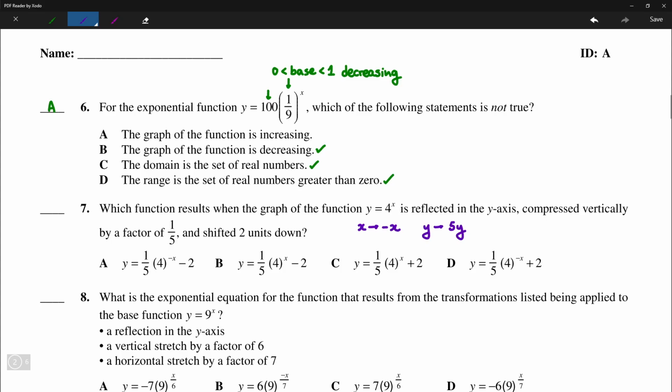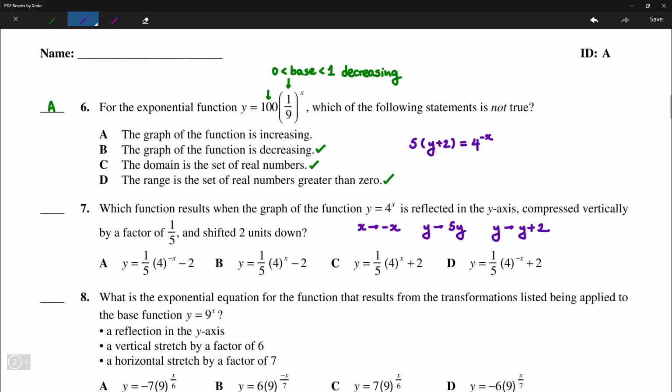So instead of y, we will have y plus 2. Okay. So all together then, we will have a function that looks like this. So that will be y plus 2 multiplied by 5 is equal to 4 to the negative x, like so.